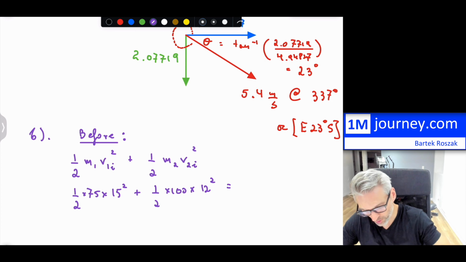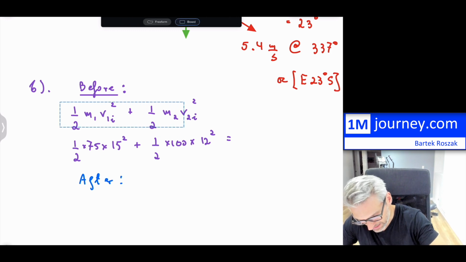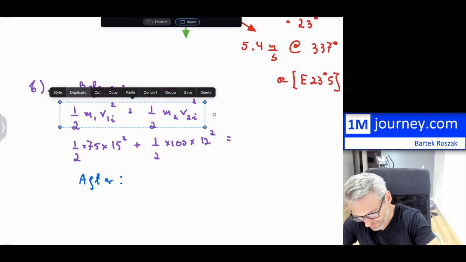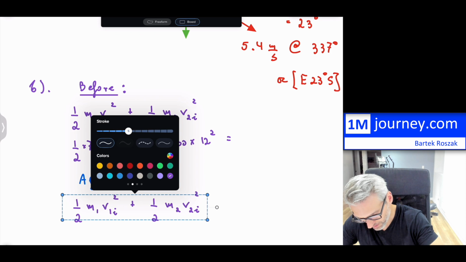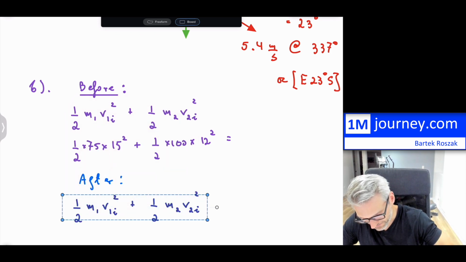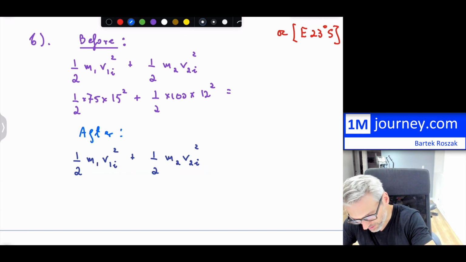So that is before. I'm going to compute that, and then afterwards, now after, you do the same thing. So we're going to be calculating this. I'm going to duplicate it in here, change the color to blue for us. Okay, so that we have. And within here, sorry, I have to remove the initial because this is the final.